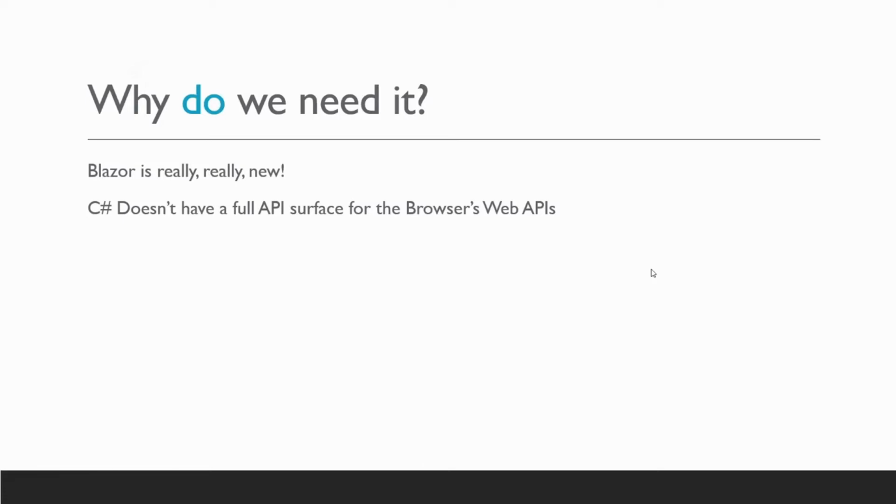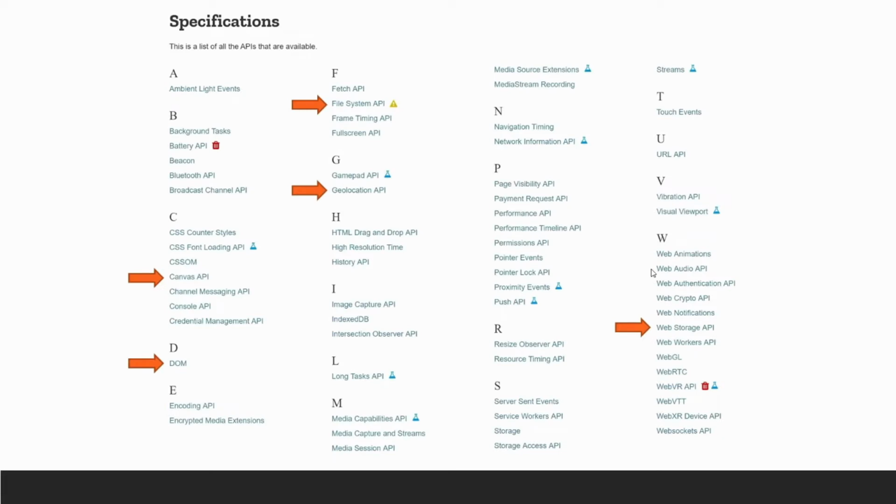So first of all, let's talk about why we need JavaScript in Blazor. Isn't the reason that we chose to write Blazor so we don't have to write JavaScript? Well, the fact of the matter is that Blazor is really new and it doesn't have a full API surface for all of the browser's web APIs. There's quite a bit of them.